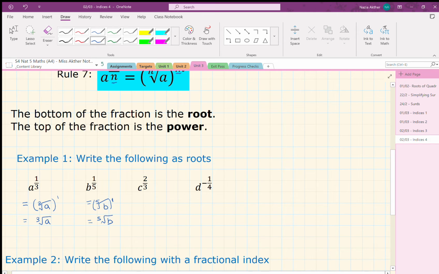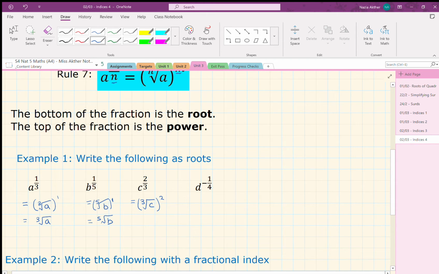Next, I've got c to the power of 2/3. So here, my root is 3 and my power is 2. So I can write this as cube root of c, and that's all squared.